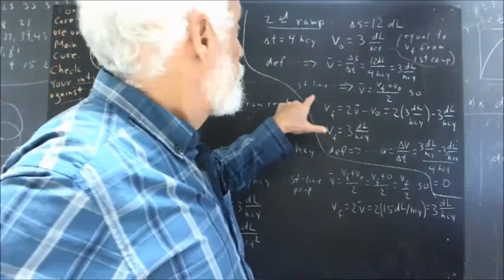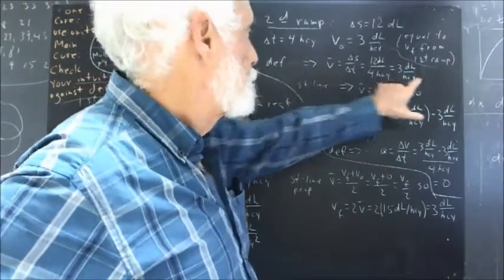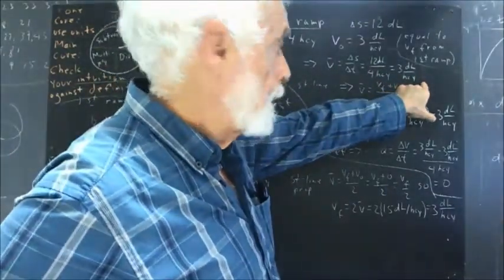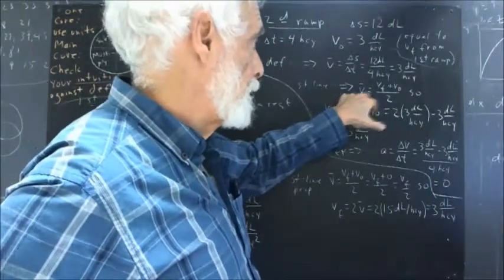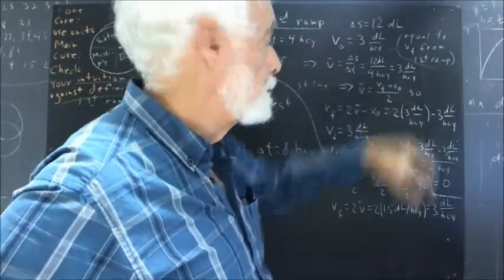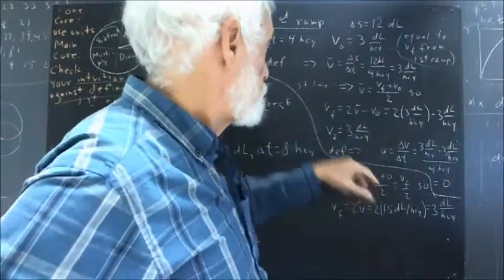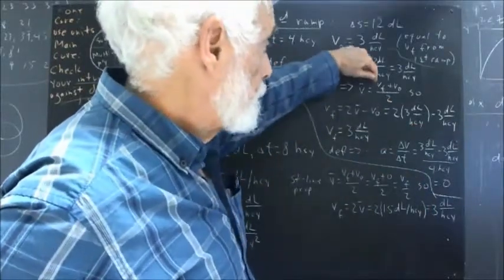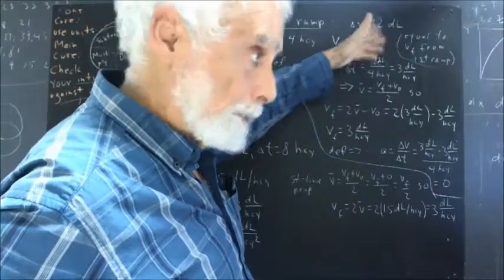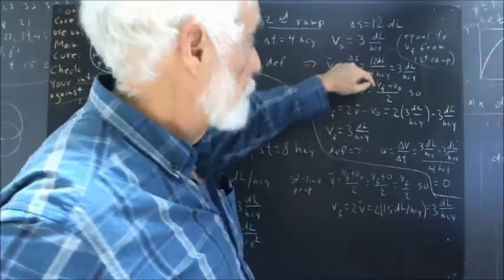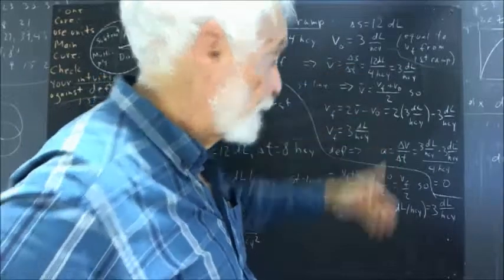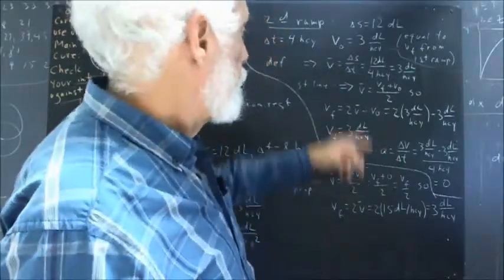Okay, now we've determined that the average velocity is 3 domino lengths per half cycle. The straight line property tells us average velocity is final plus initial over 2. Remember we're trying to find acceleration, and we know the initial velocity, so we're going to need to find the final velocity in order to get the acceleration.